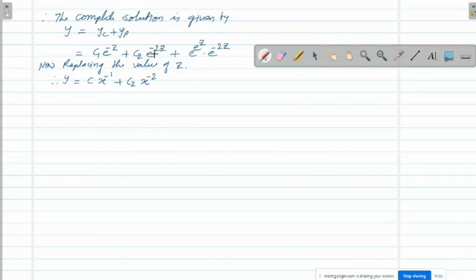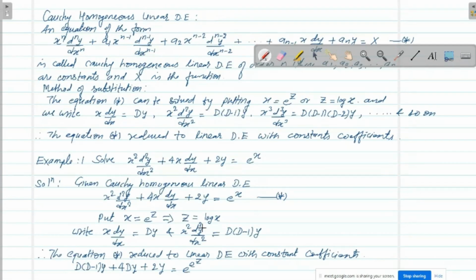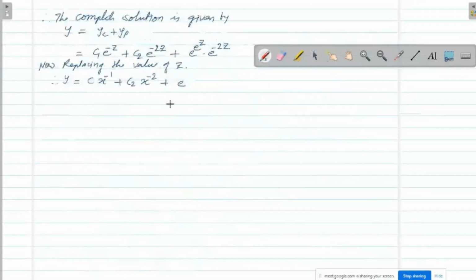Okay, so e raised to z, what did I put? I put x. So plus e raised to z, I will write as x, and so it becomes x raised to minus 2. If I write this more nicely, then c1 by x plus c2 by x square and plus e raised to x by x square. Okay, this is the complete solution of the given Cauchy homogeneous linear differential equation. Now understood this? Yes, sir.